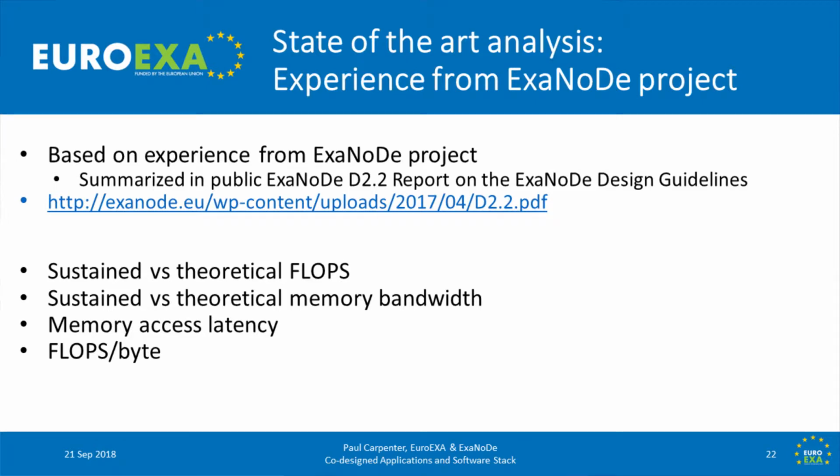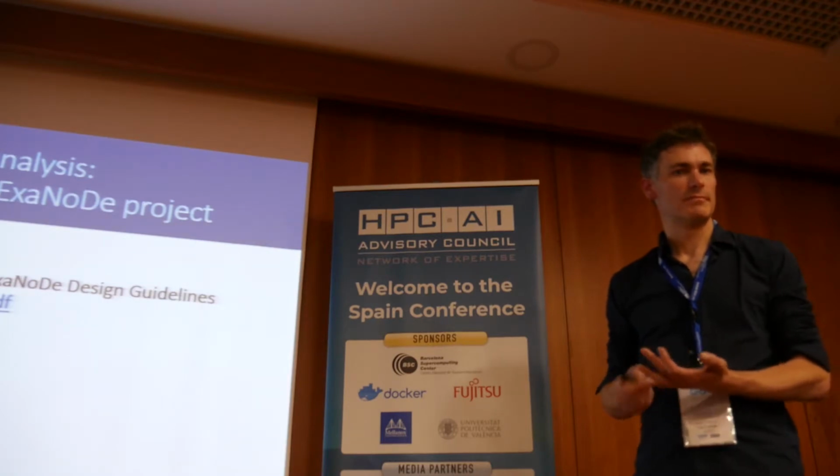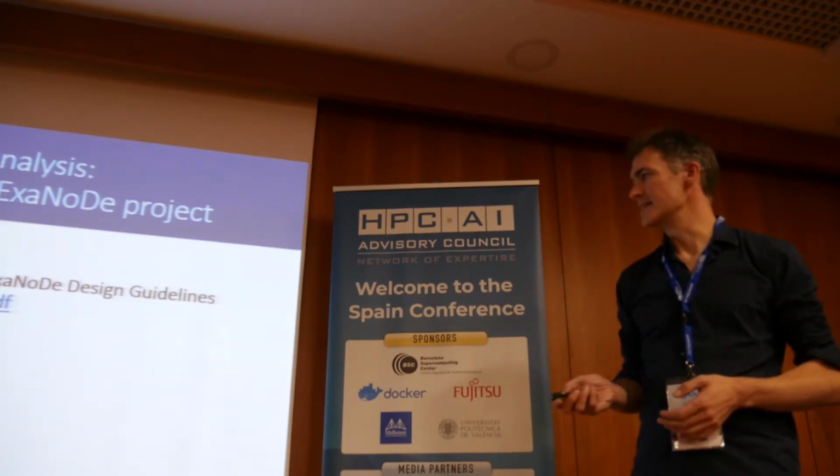So one thing we used was previous experience from the ExaNoDe project. There's a very good public deliverable from ExaNoDe that does a kind of state-of-the-art analysis on the sustained versus theoretical flops of other existing systems or platforms, so that we can position ourselves against that.